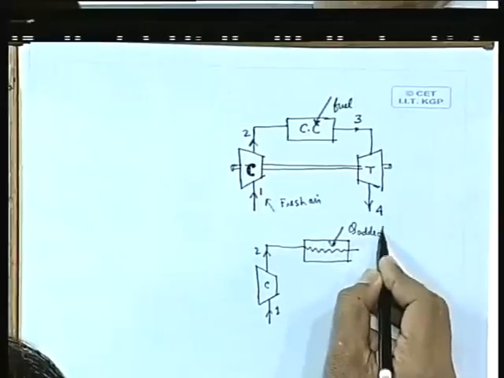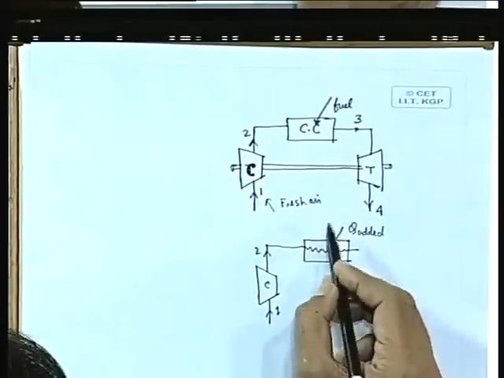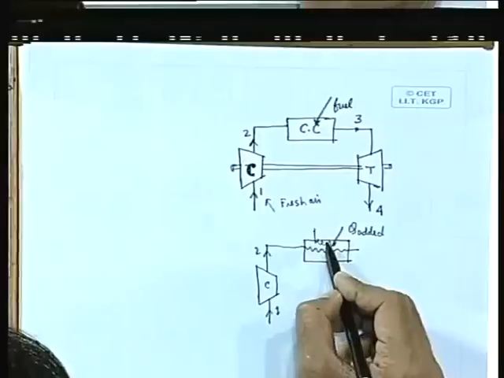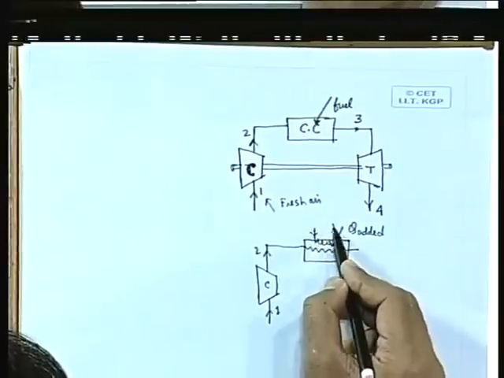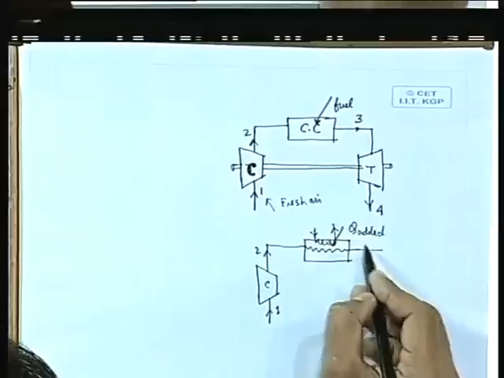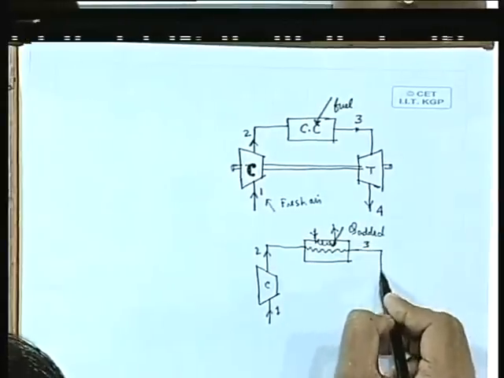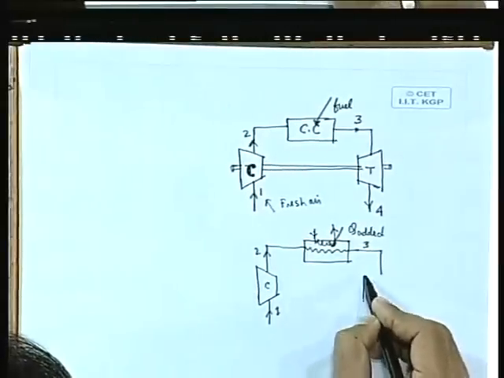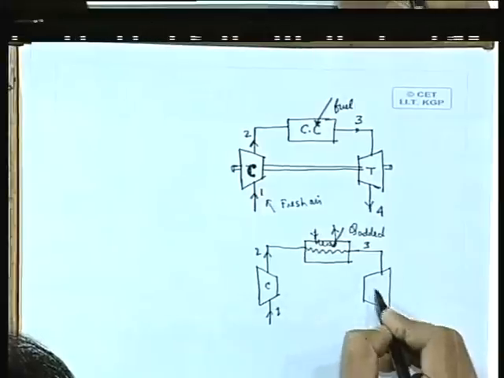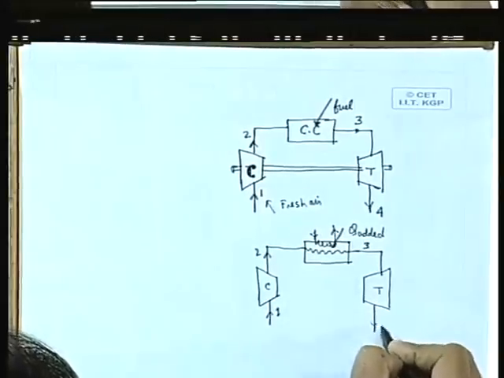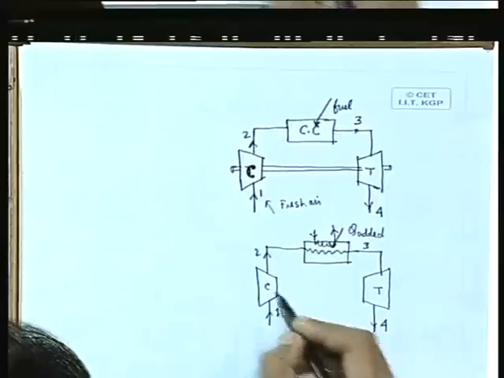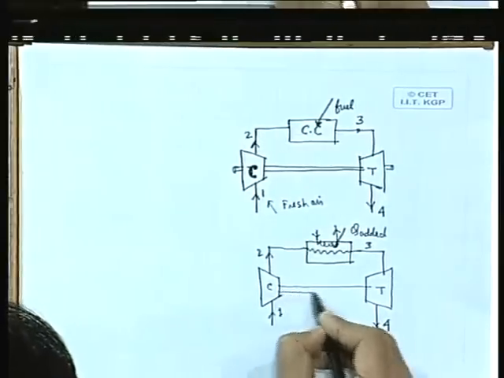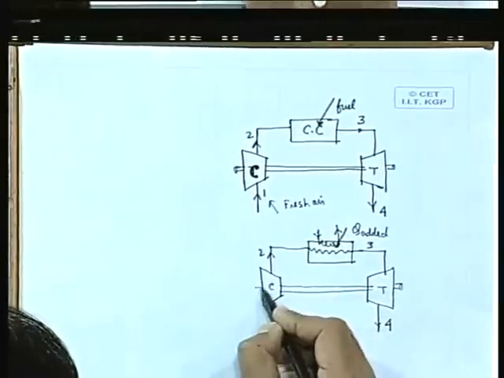That means a hot gas is allowed to flow, which exchanges heat and gives heat to the air, which comes out at 3, and then it is expanded in the turbine as usual to a relatively lower pressure and temperature at 4, with the turbine and compressor connected by the same shaft.